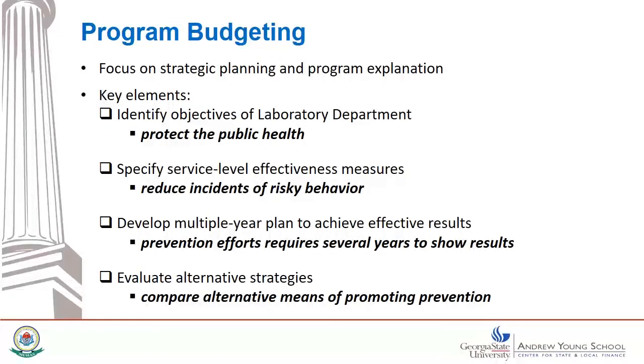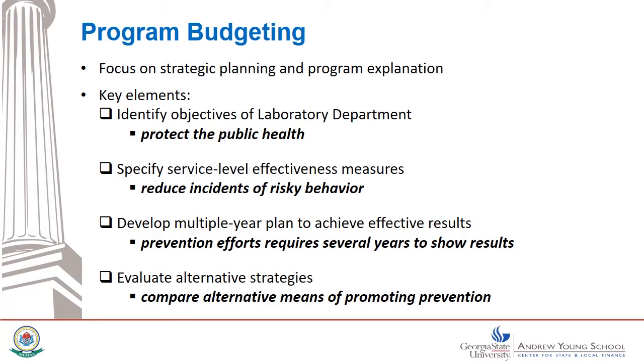Program budgets focus on strategic planning and program explanation. The key elements are to identify objectives, specify service level effectiveness measures, develop multiple year plans to achieve the desired results, and to evaluate any alternative strategies for meeting those objectives.